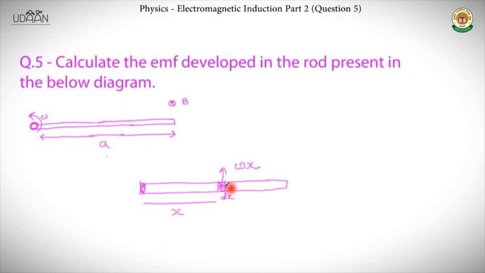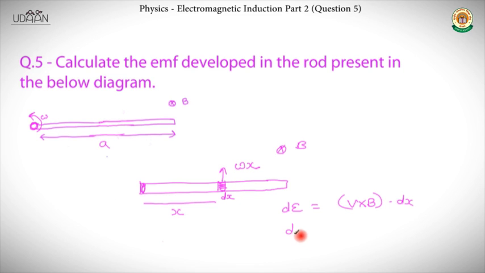And for this small part of the rod, the dx part, the EMF developed, dE, would be V cross B dot dx. That's right. V is always in the plane of the paper, but B is out of the plane of the paper. So V and B are always perpendicular.